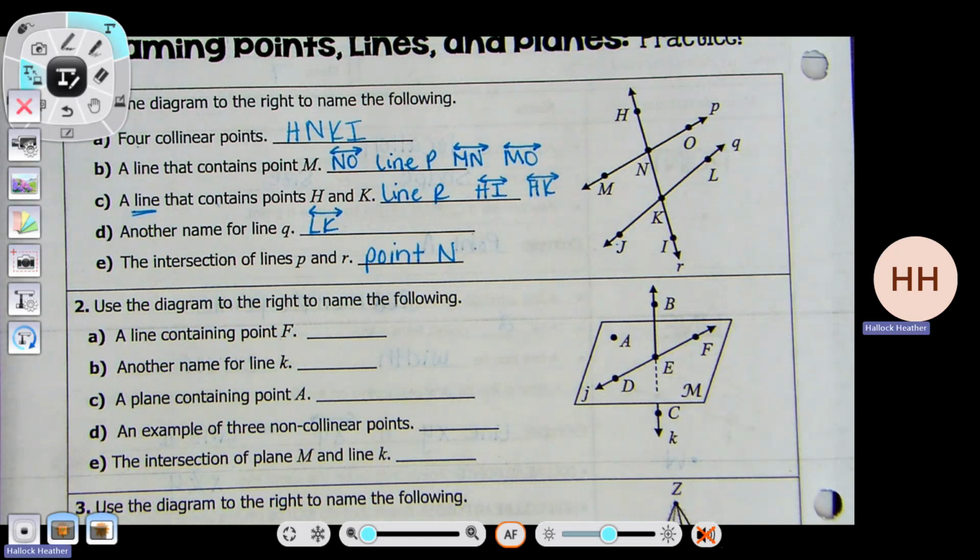It says another name for line K. So you need 2 letters on line K.